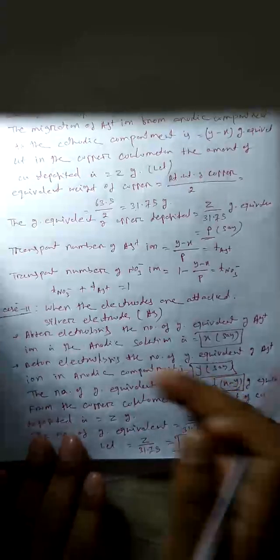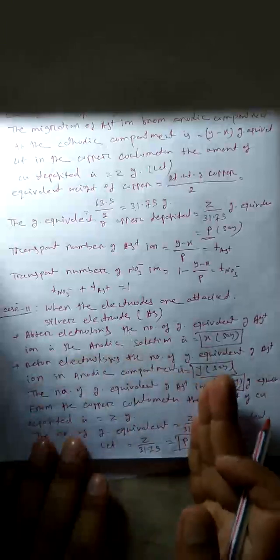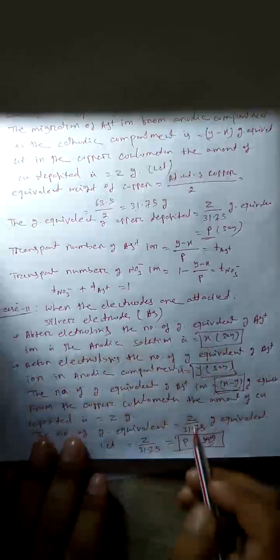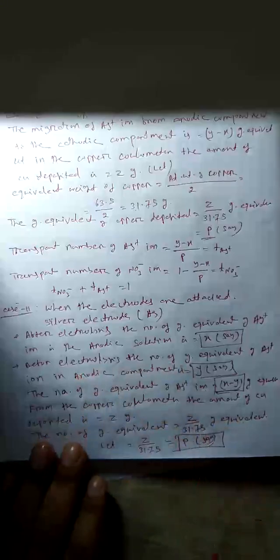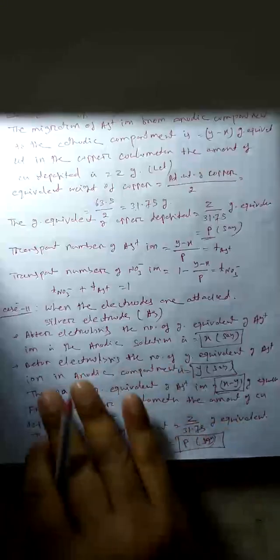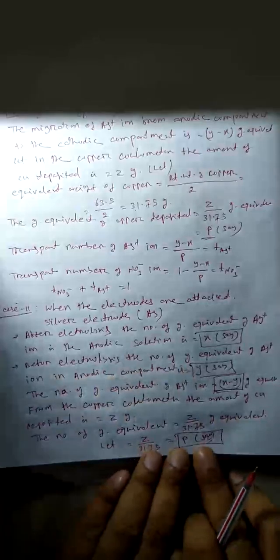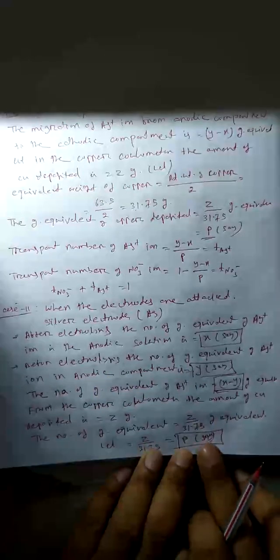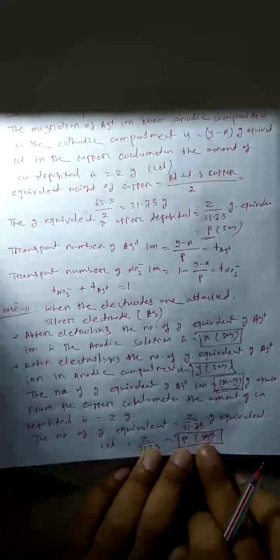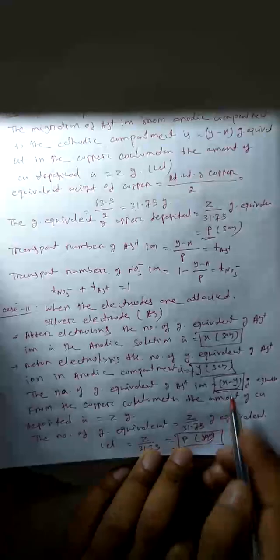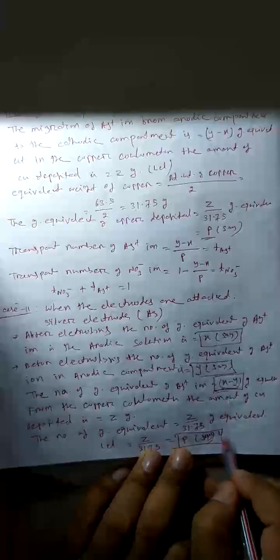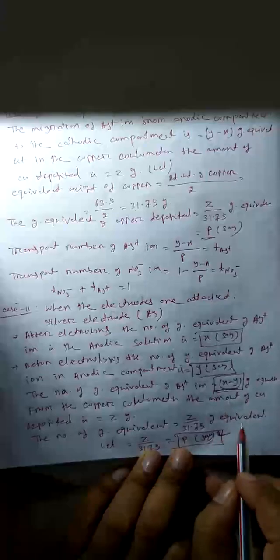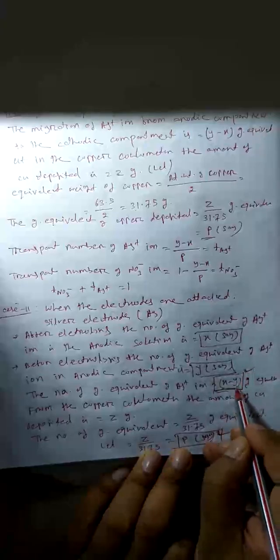It moves towards the cathode, because silver cation moves towards the cathode. Theoretically it should be P gram equivalent of silver ion, but experimentally only this much is present.